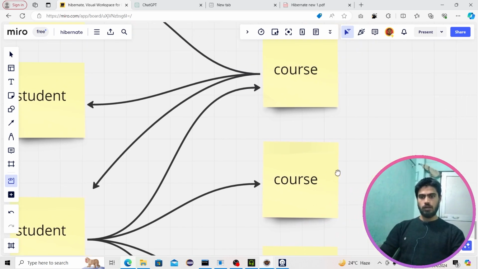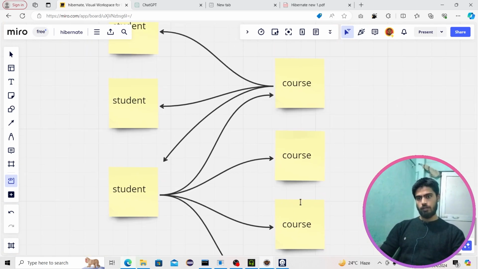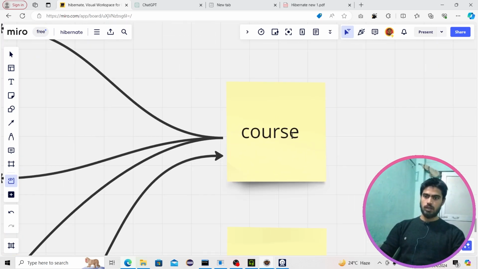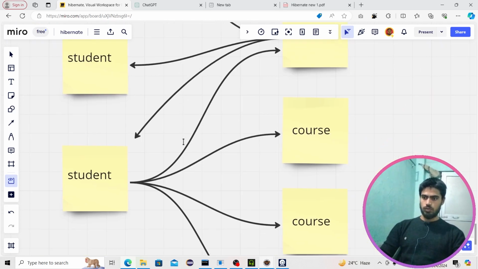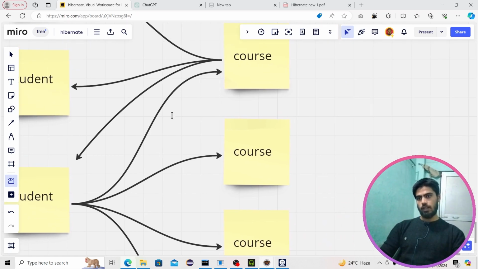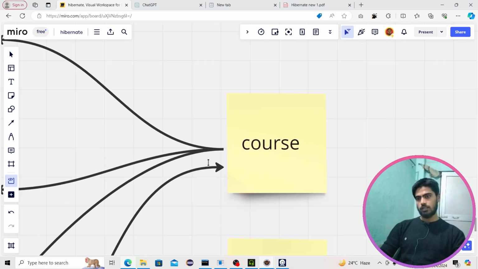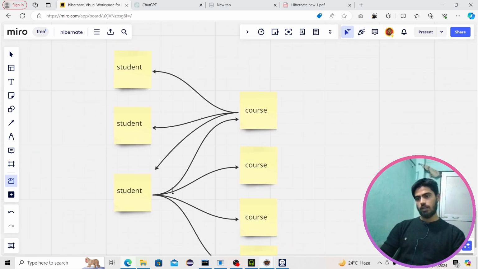One student can enroll in multiple courses, and from the other side, one course can have multiple students. So from the student side it is one to many, and from the course side it is also one to many, so it becomes many to many.